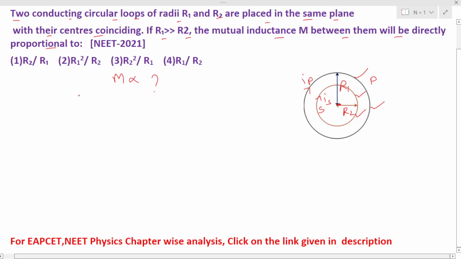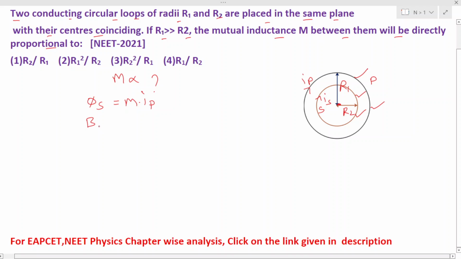That is, there will be some flux linked with the secondary coil, phi s. The formula for phi s is M into the current flowing through the primary coil. Now, this flux phi s is because of this primary coil.